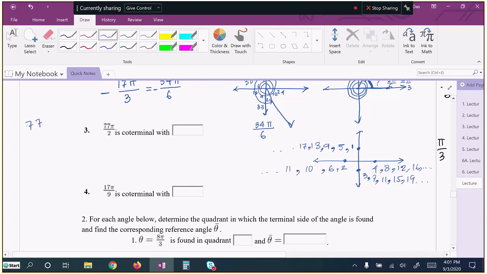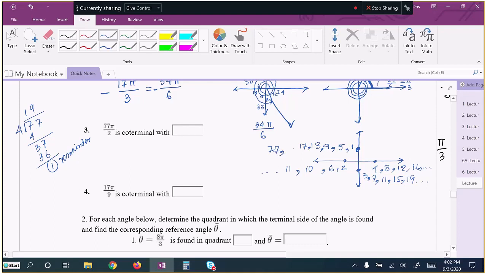So 77, I'm going to divide it by 4. 4 goes only once in 7. 3 and 7 makes it 37, and it goes 9 times in 37, so it gives you 36. So the remainder is 1. Now look for the remainder 1 and on which coordinate axis you find 1. See, the 1 is here on the positive direction of the y-axis. That means 77 eventually is also going to be on the same axis.